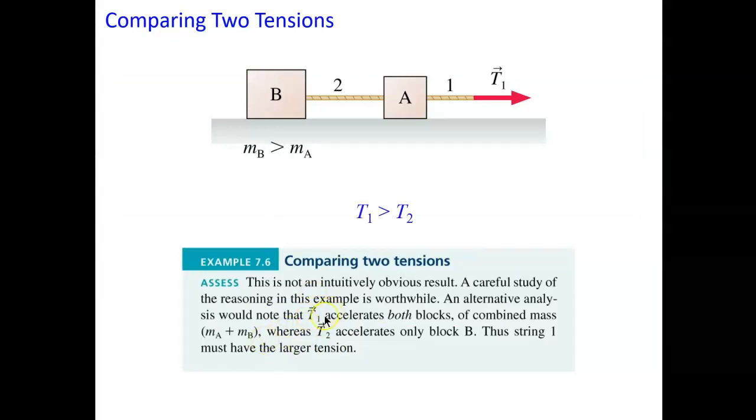So they conclude also that tension 1 is pulling both blocks, mass of block B and mass of block A times the accelerations of both objects, while tension 2 is only pulling the mass of block B times the acceleration of it.